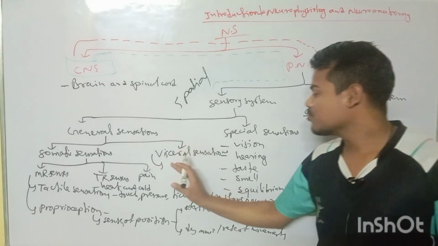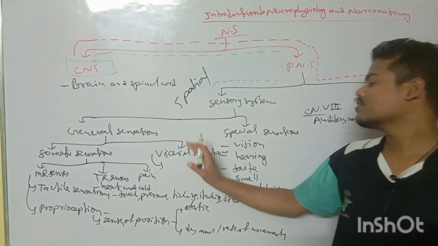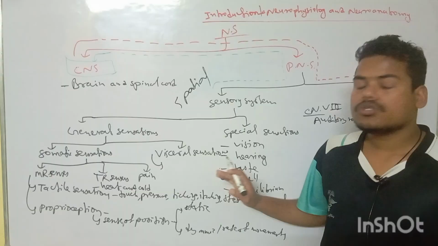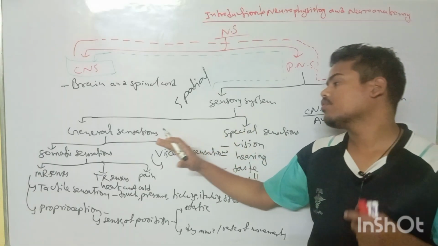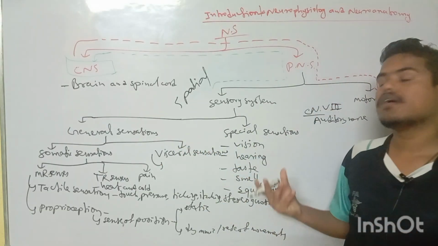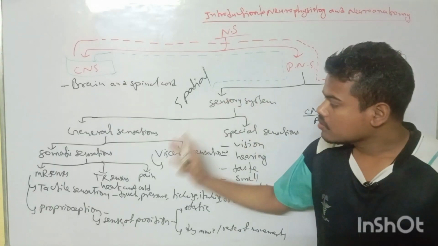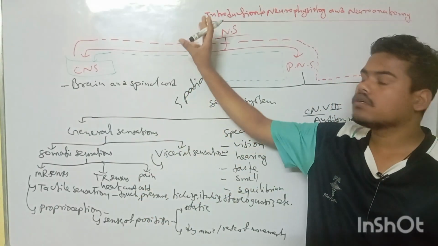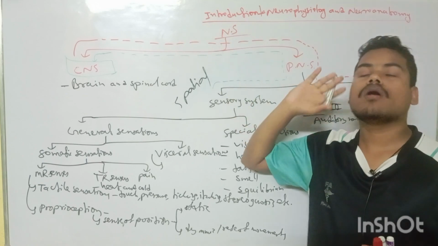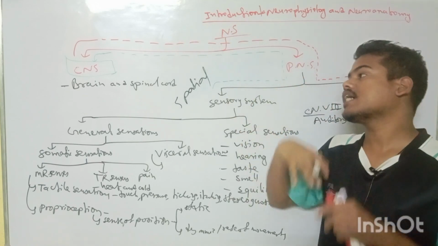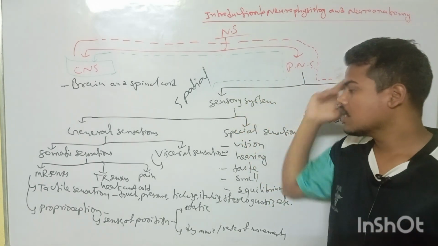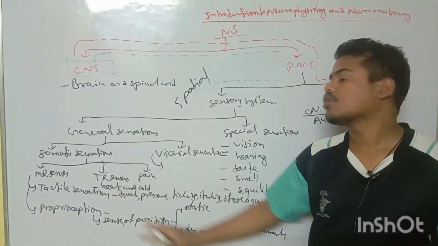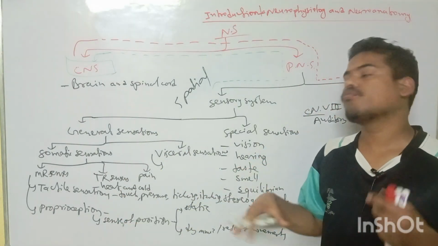Okay, so this happens because, dear friend, only those sensations that reach the cerebral cortex, the highest center in the central nervous system, are the ones we are aware of, or feel.